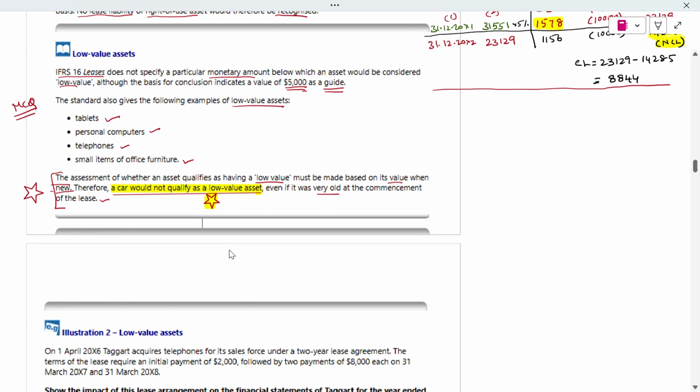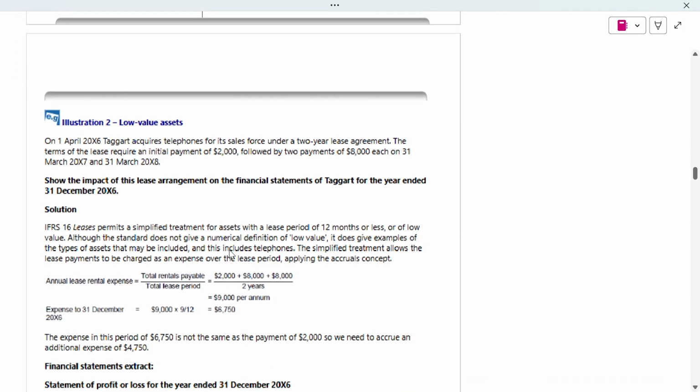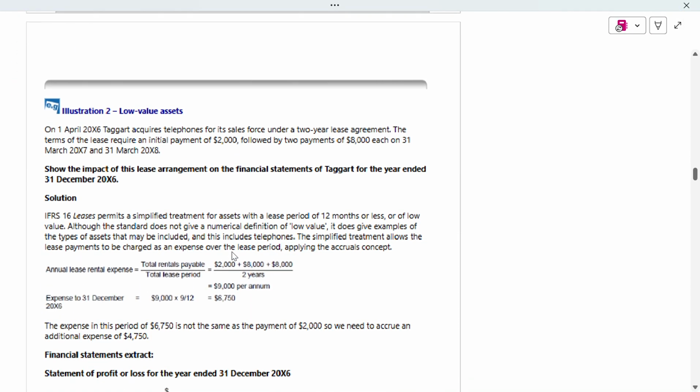Yes. Okay. Now, how do we treat it as a low value asset? On 1 April 2006, Taggart acquired telephones for sales under a 2-year lease agreement. That lease required an initial payment of 2,000, then you are going to pay 8,000 for the next 2 years.